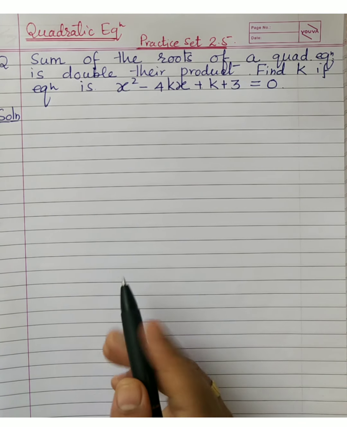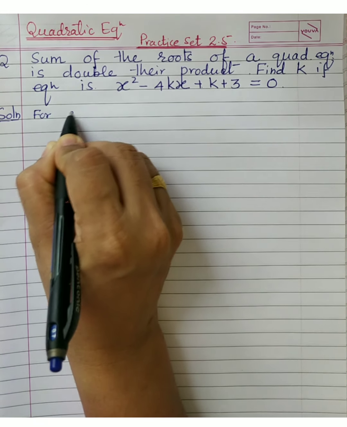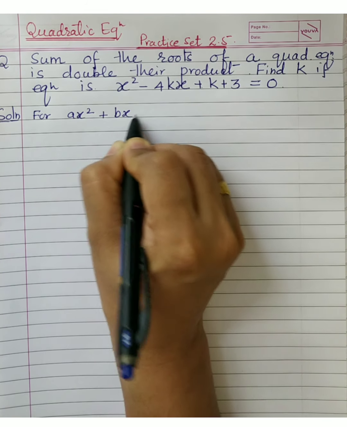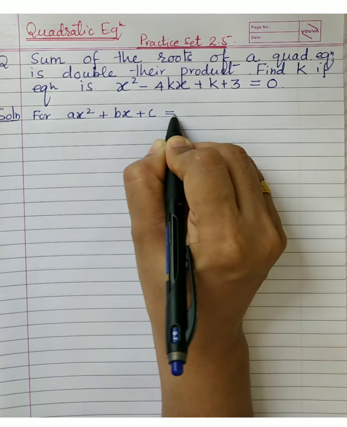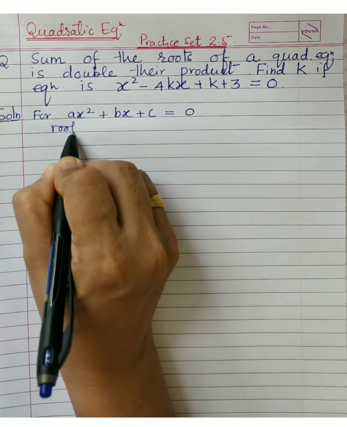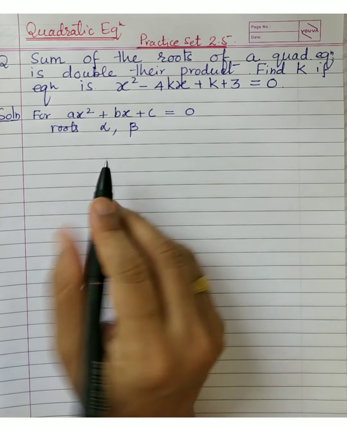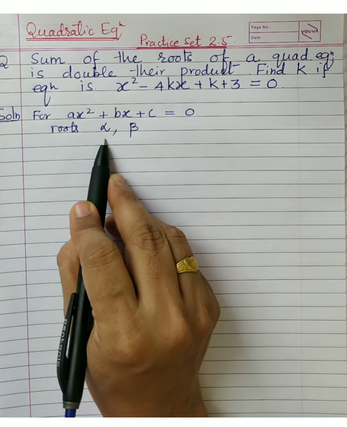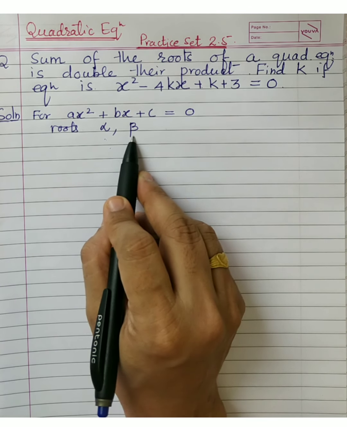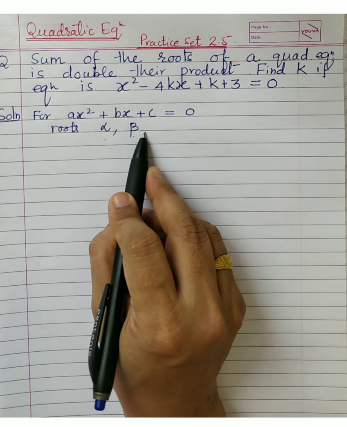So you all know that for any quadratic equation in standard form, ax² + bx + c = 0, if the roots are denoted by alpha and beta, suppose, here alpha is (-b + √(b² - 4ac)) / 2a, and beta, with negative sign, is (-b - √(b² - 4ac)) / 2a.